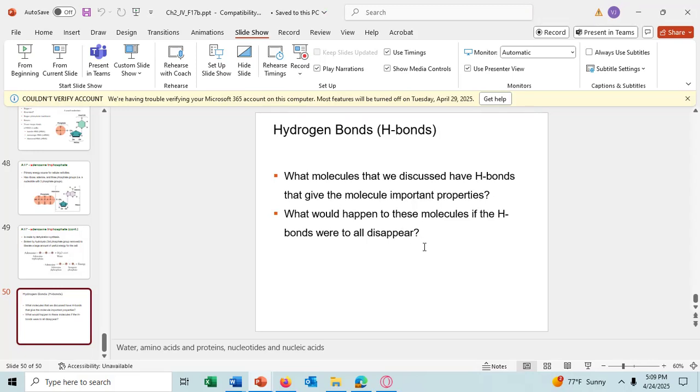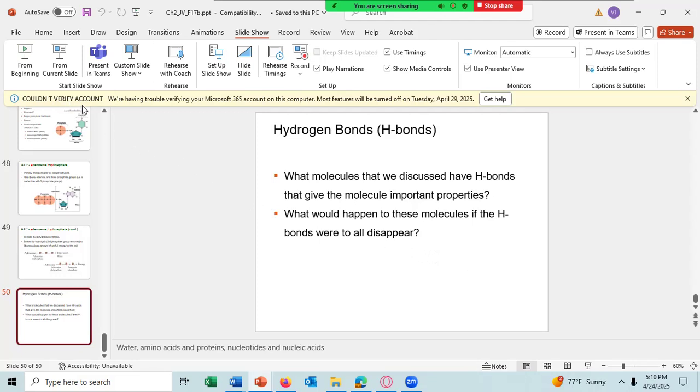And then there's other molecules that we have, like proteins and RNA and carbohydrates. They do form hydrogen bonds, and you would not have life if all the hydrogen bonds were to simply disappear in the universe. So it's just showing you that hydrogen bonds are very important for life.